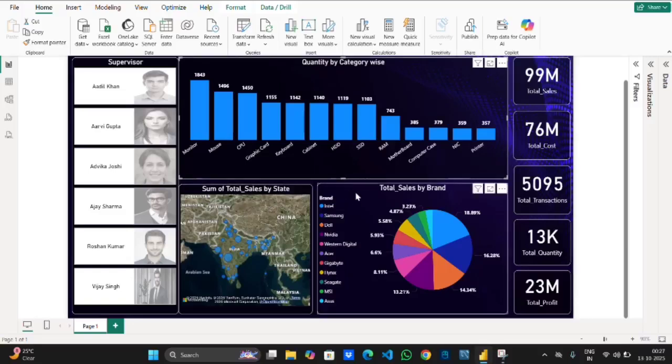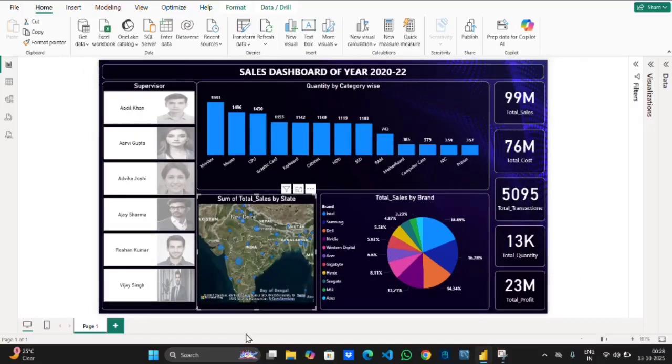Then the top brands are Intel, Samsung, and Dell. Then low brands are Acer and Hynix. Then the top states are metro and coastal states like Maharashtra. The profit margin is 23%. Overall profit margin shows healthy business growth.